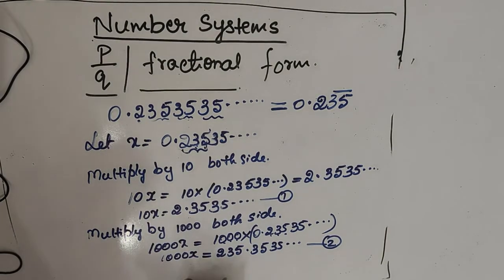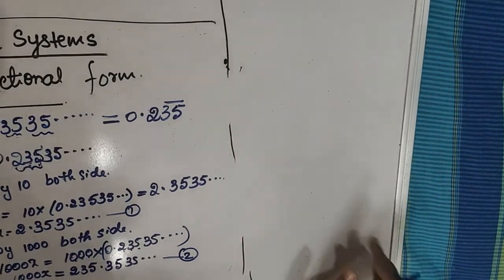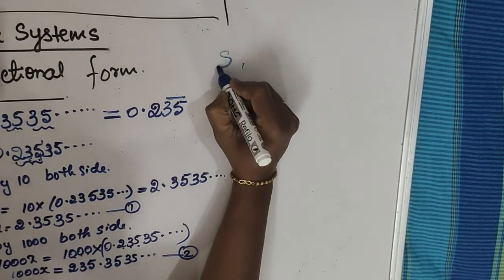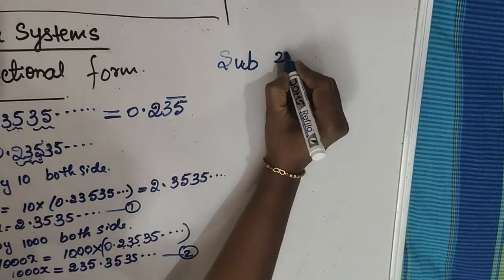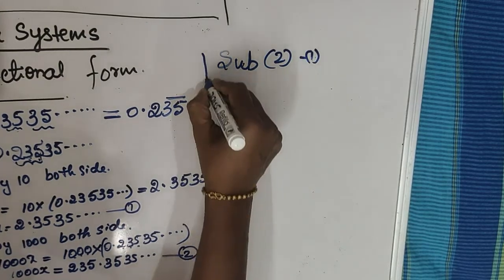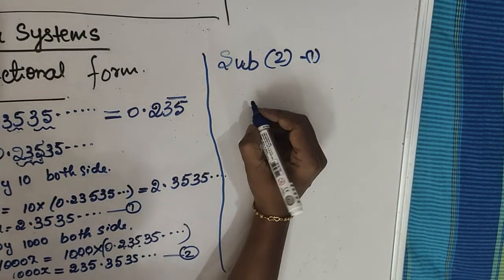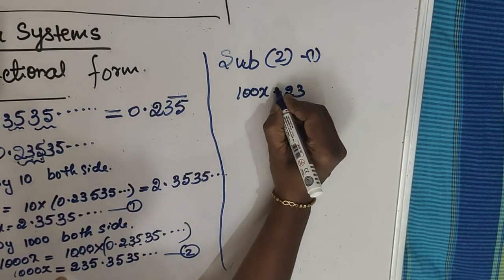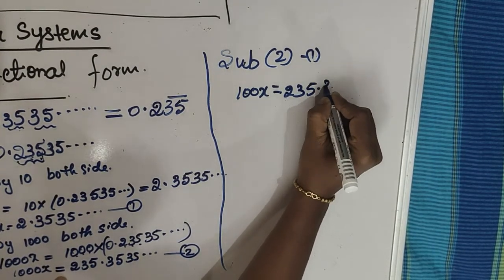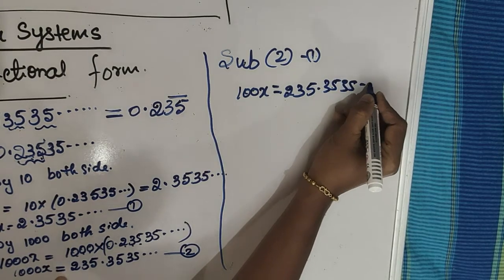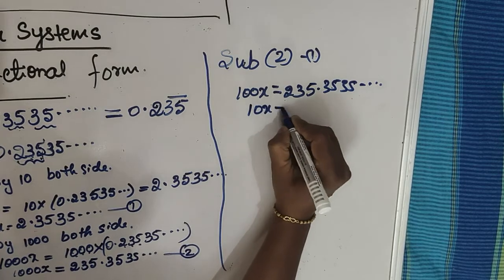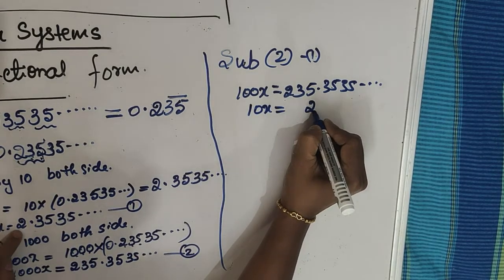Okay, now subtract 2 minus 1. Okay, 1000x minus 10x equal to 235 and so on minus 2.35 and so on.